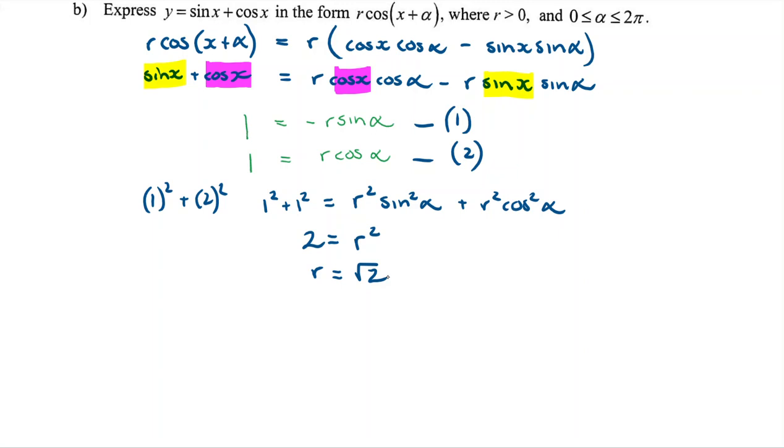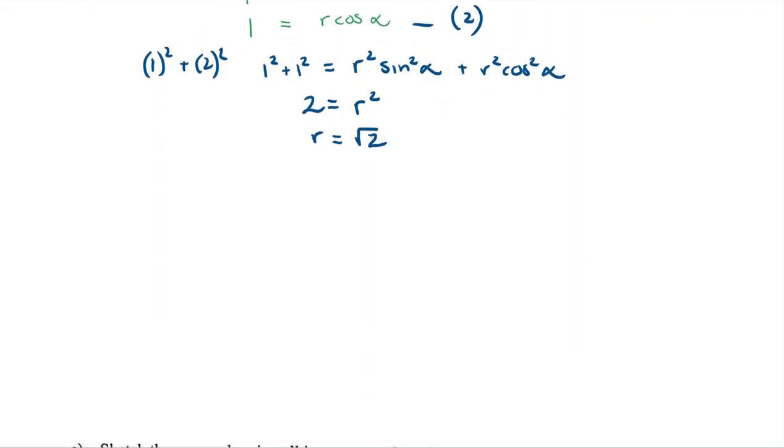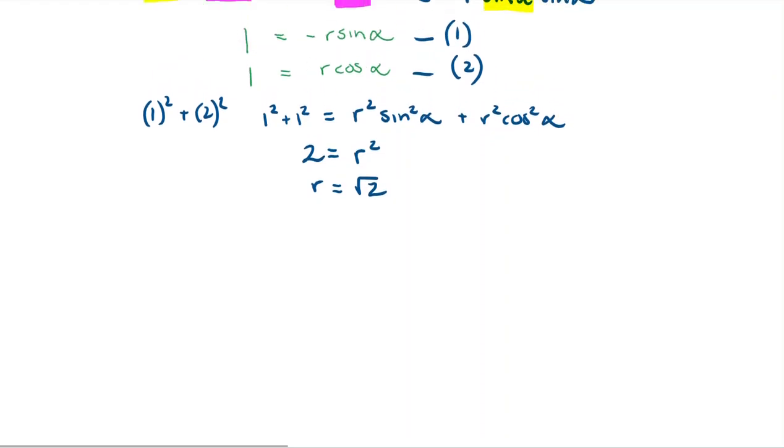Okay, but this is the different part. When we do our second bit, which one am I dividing by which one? I'm going to do equation 1 divided by equation 2 so that it's sine over cos. So it would be negative r sine alpha over r cos alpha equals 1 over 1, which is just 1.